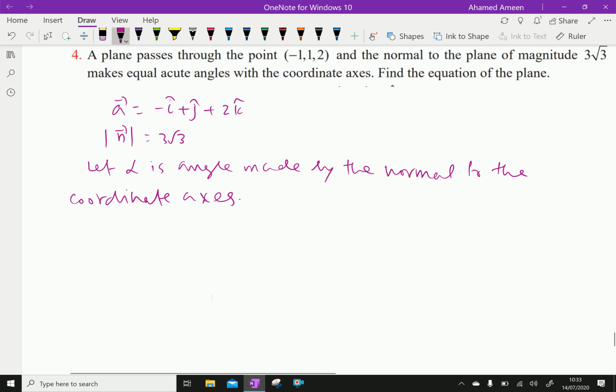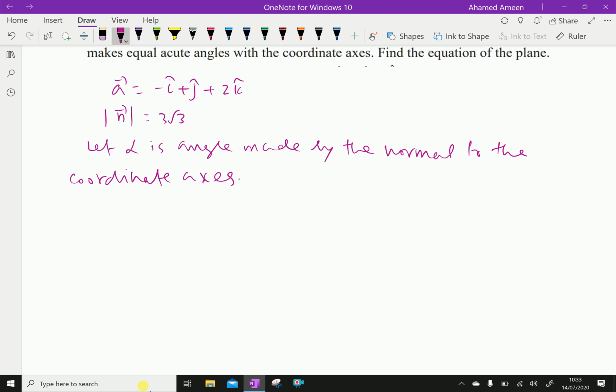Therefore, from the condition we can write cos squared alpha plus cos squared beta plus cos squared gamma, and all are cos squared alpha because the angles are equal, equals 1. Therefore 3 cos squared alpha equals 1, which gives cos alpha equal to 1 by root 3.